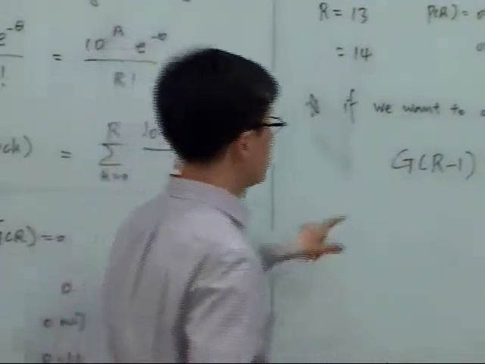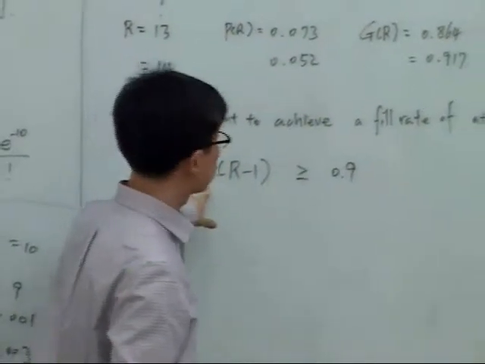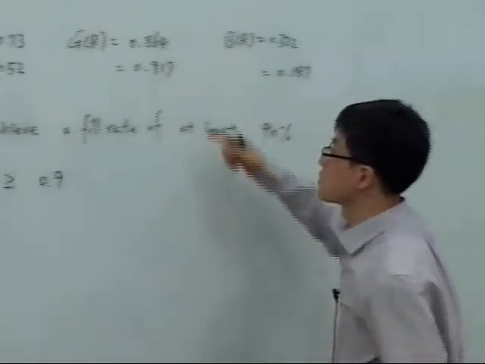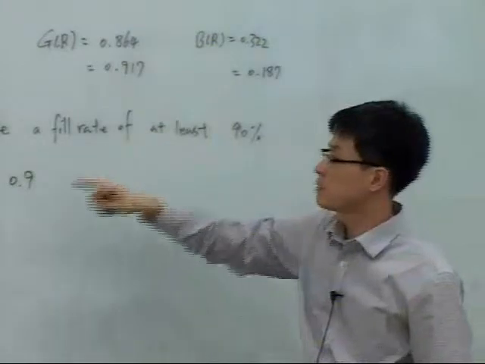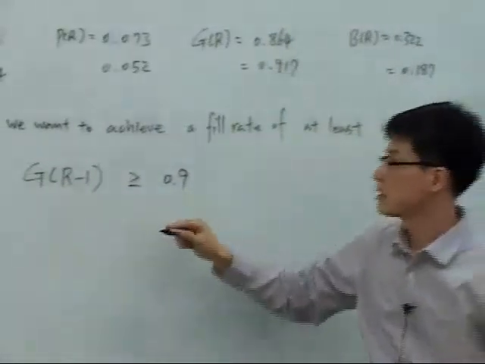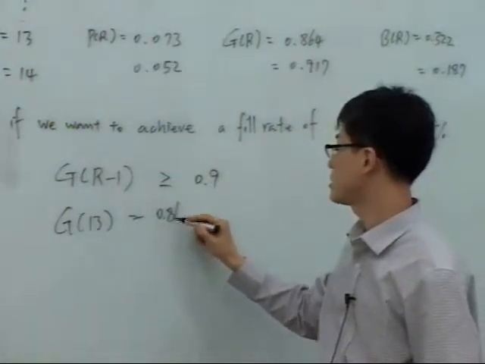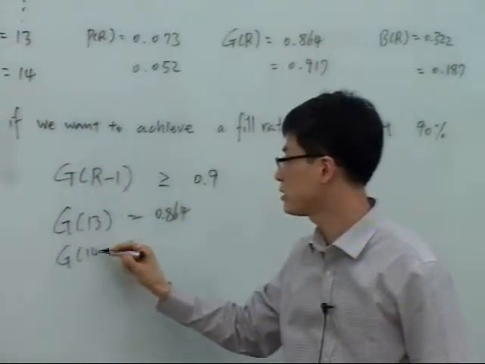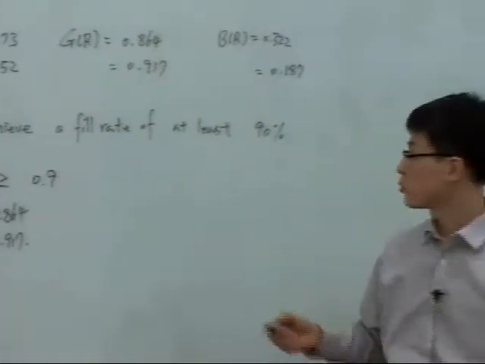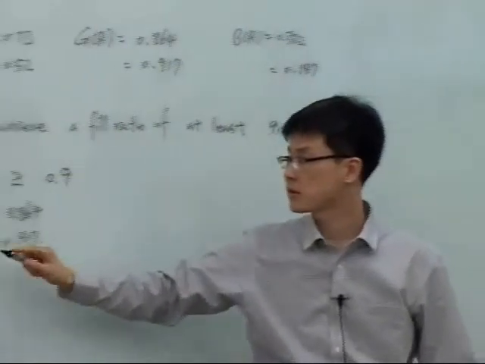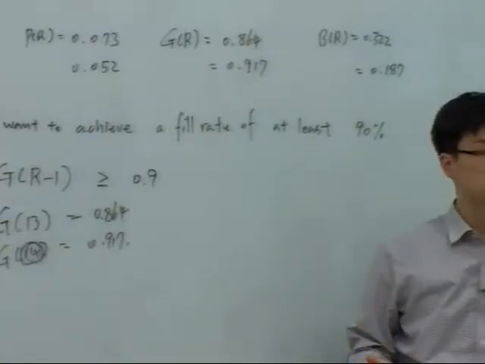Okay, based on this calculation, the G function should be somewhere here, right? G13 is 0.864, G14 is 0.917. We want to be at least here, so we should choose 14, right?